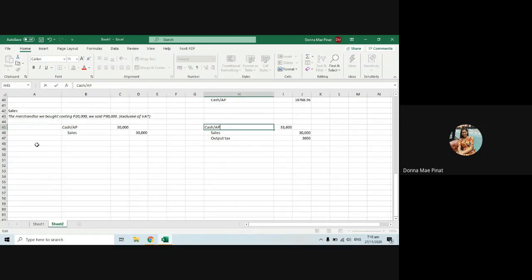How about kung naay sales returns? Okay, sales returns and allowances. Example, of the 30,000, 5,000 was returned.